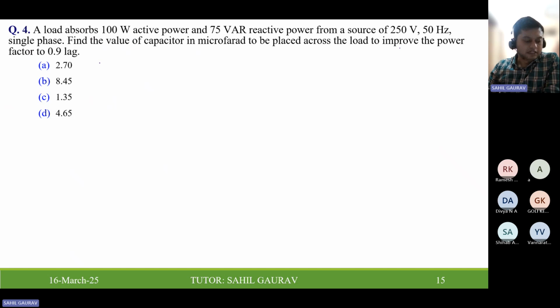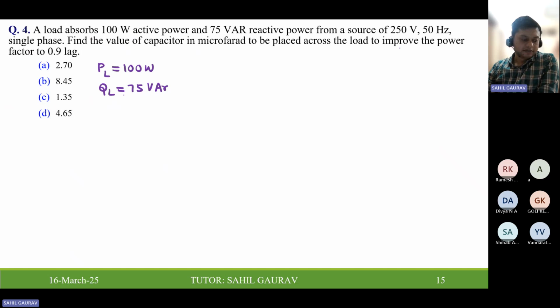So let us write what is given. PL is 100 watt and QL is 75 VAR, and it is a single phase source, 250 volt, 50 hertz. Now you have to put the capacitor to improve the power factor to 0.9.